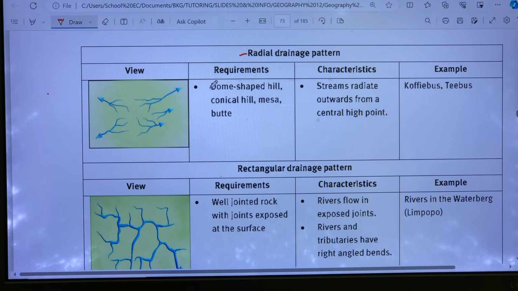The requirement for this to form is a dome-shaped hill. Around this we have a dome-shaped hill. As you move down, we're decreasing in altitude, or in height above sea level.